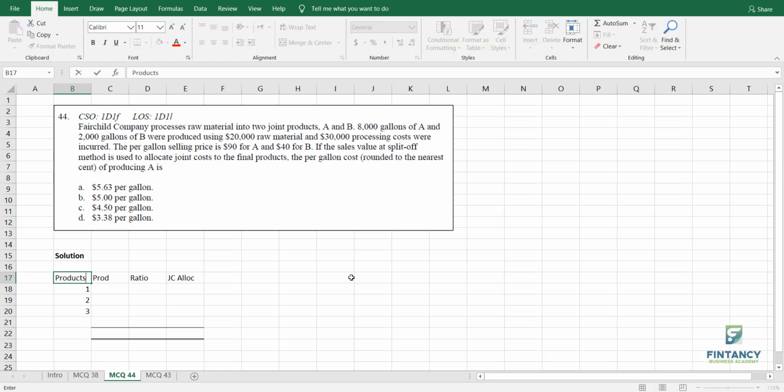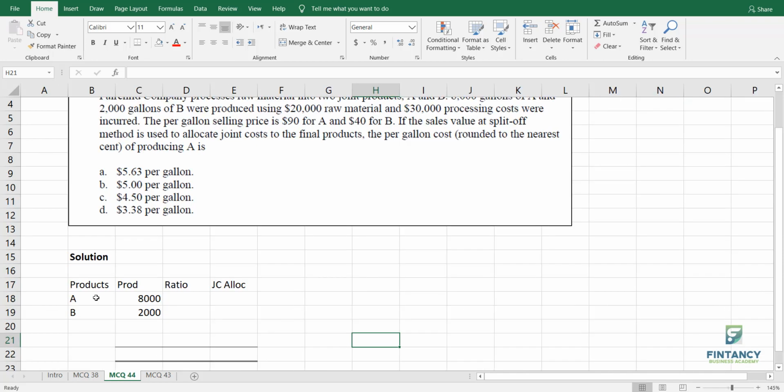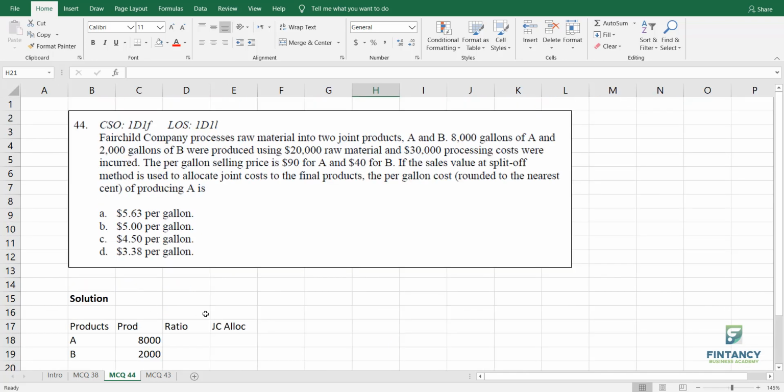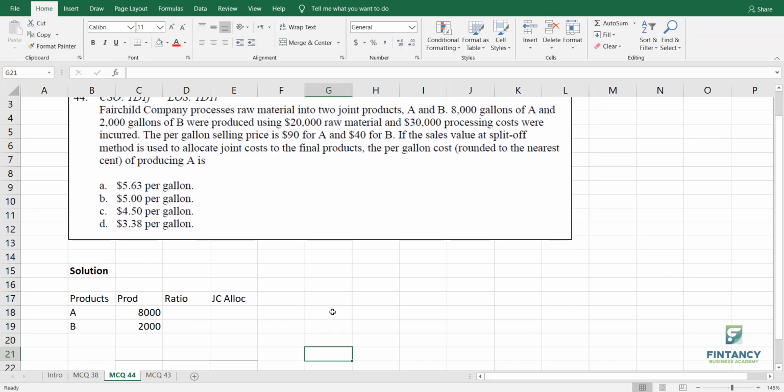So I am writing here heading products, and I have A and B. Okay, no C. So A and B I have, and then they say the production is 8,000 for A and 2,000 for B. Let me zoom in a little bit so it's clear for you. Okay, I hope it's clear now.